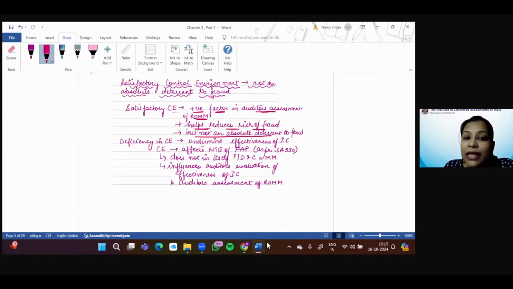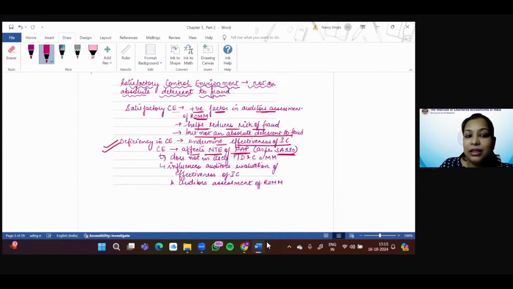But it is not an absolute deterrent to fraud. However, a deficiency in control environment means that it undermines the effectiveness of internal control. See, now if the internal control is not effective according to the auditor, this is going to affect the nature, timing, extent of further audit procedures which the auditor is going to perform as per SA 330.